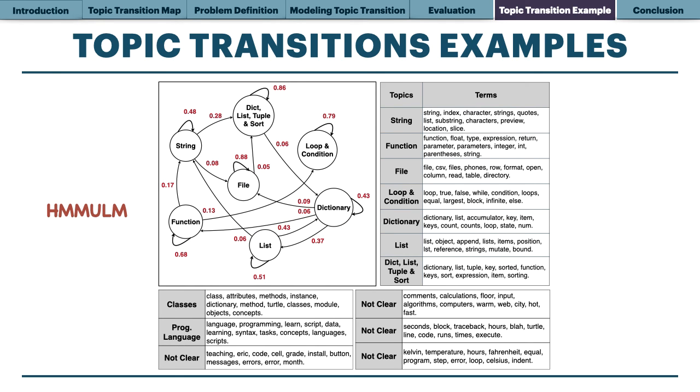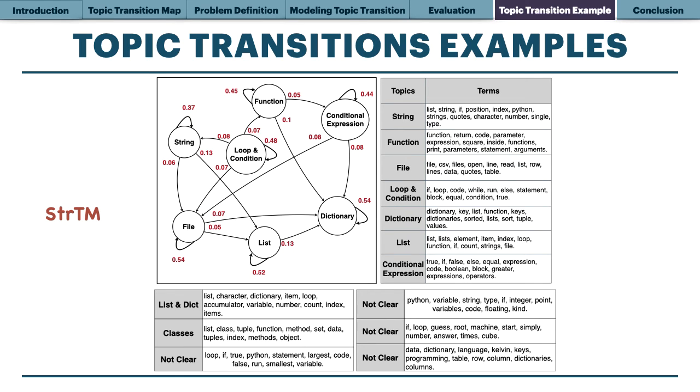The hidden Markov mixture model captures 9 topics with 4 unclear topics that cannot be mapped to any phrase. Finally, STRTM captures 9 topics with 4 unclear topics that cannot be mapped to any phrase, and STRTM has the lowest performance in the clarity of the word distributions.